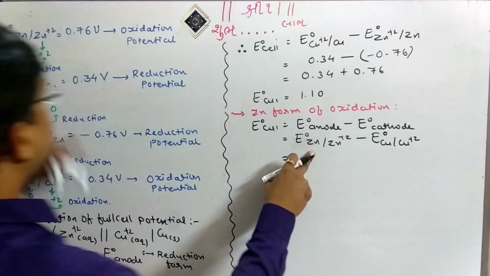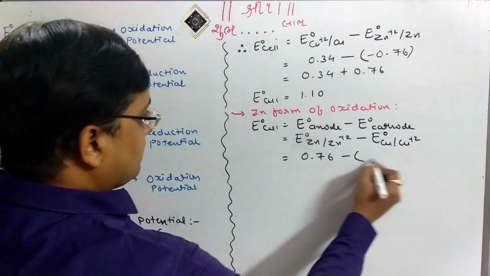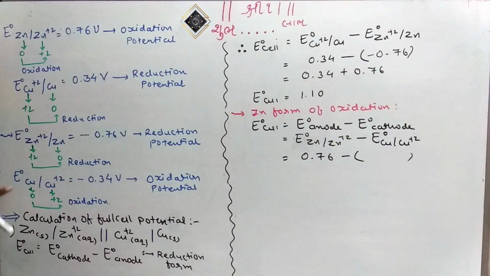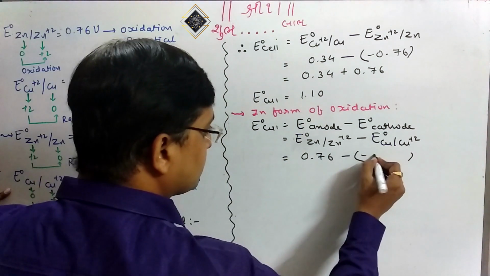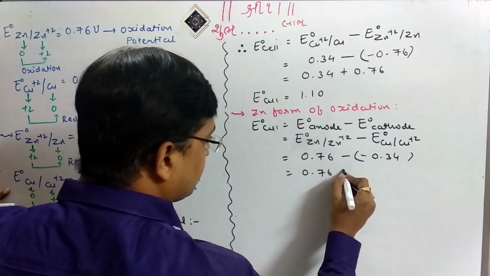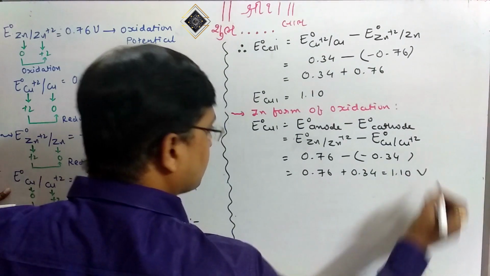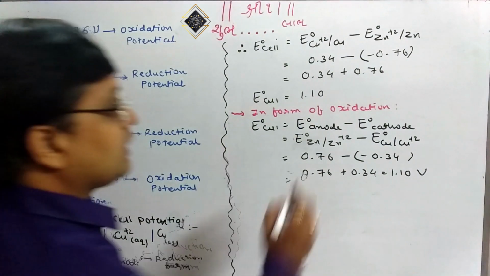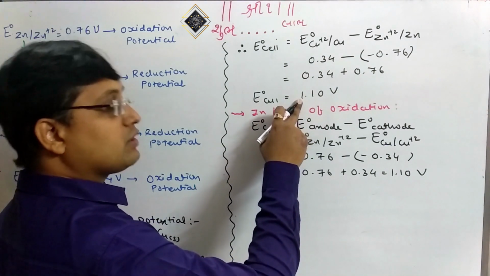In the form of oxidation, the value for zinc is 0.76 volt. In the form of oxidation, the copper half cell potential is minus 0.34 volt. Clear? In the form of reduction, if you calculate the cell potential, it is 1.10 volt.